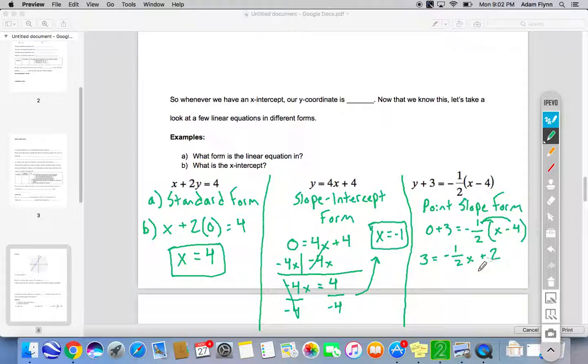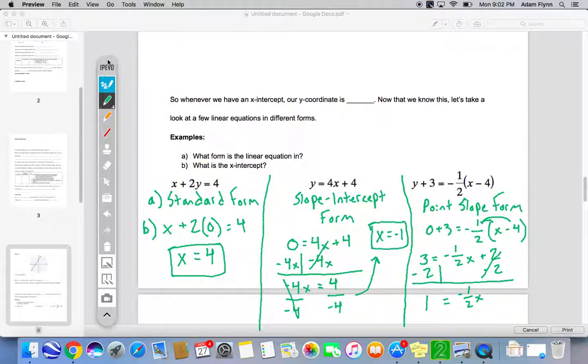Okay, so I'll keep going. I'll subtract 2 from both sides to get the x by itself. So minus 2 minus 2. So those 2's cancel. So I have negative 1/2 x equals 3 minus 2, which is 1. Okay, so what I'll do now, move that over here. Again, I'm going to go up here just due to lack of room. I'm going to combine this negative 1/2 and this x. I'm multiplying those together.